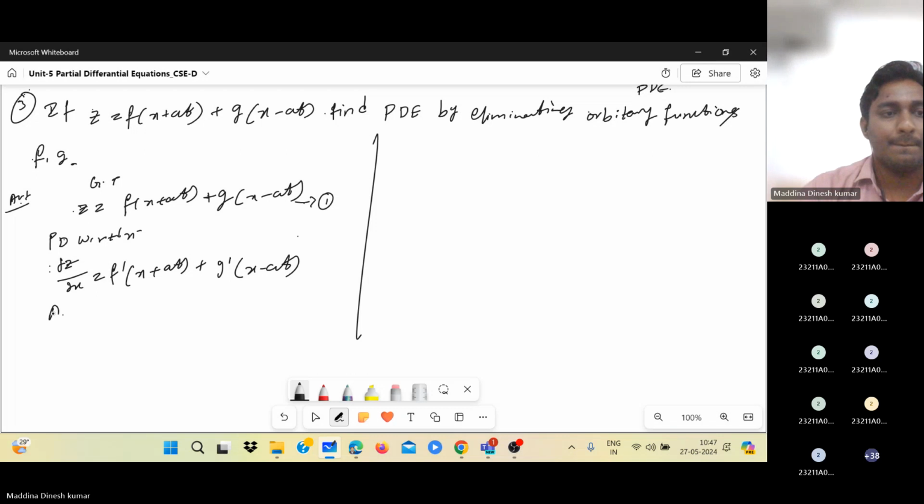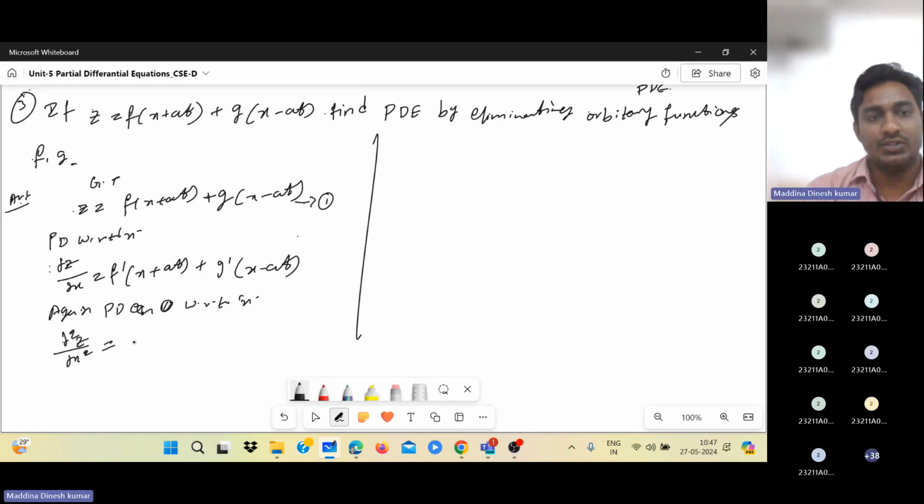Again, partially differentiate equation 1 with respect to x. Then you will get here dou square z by dou x square equals f double dash of x plus at plus g double dash of x minus at.